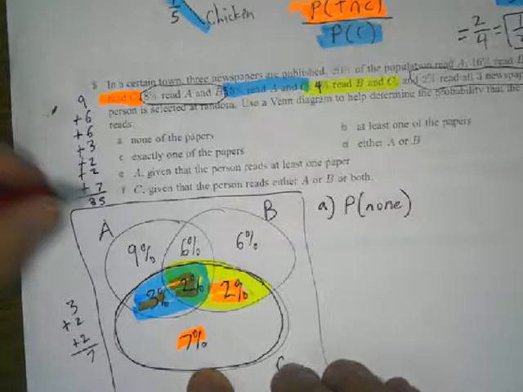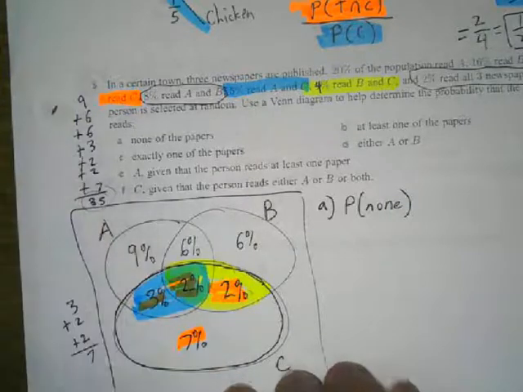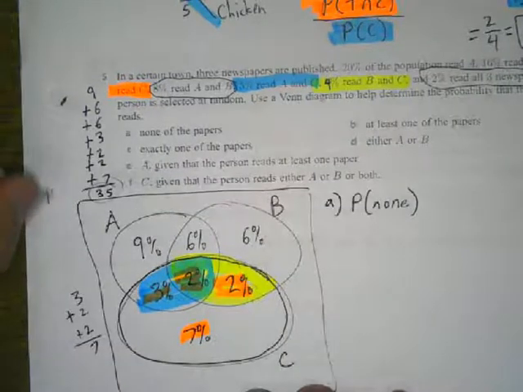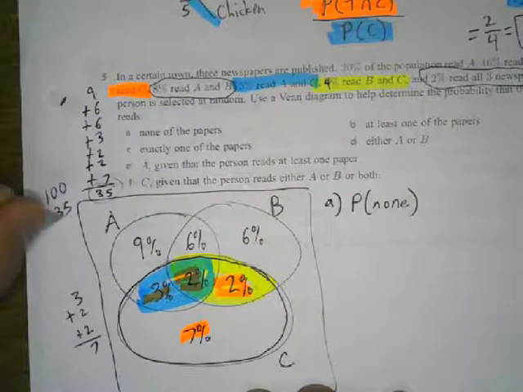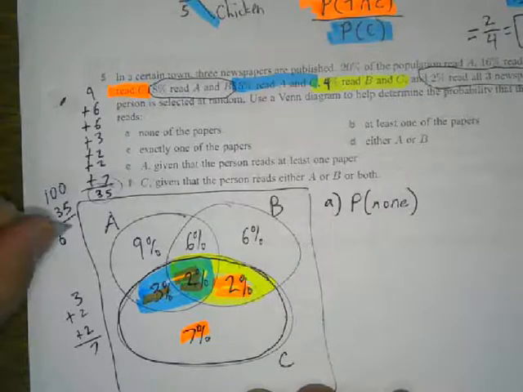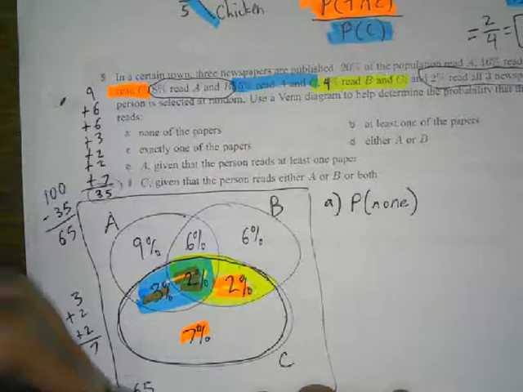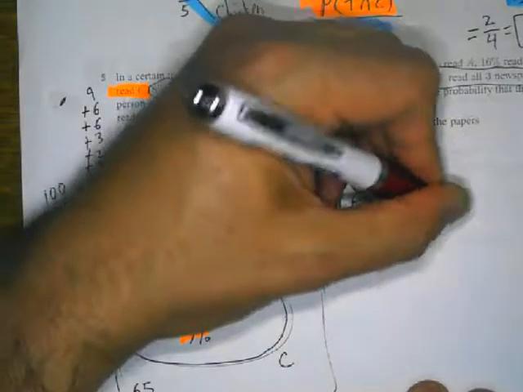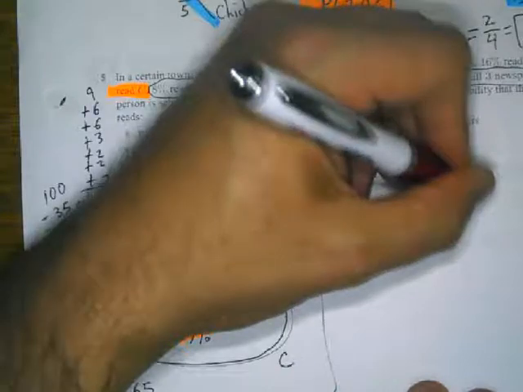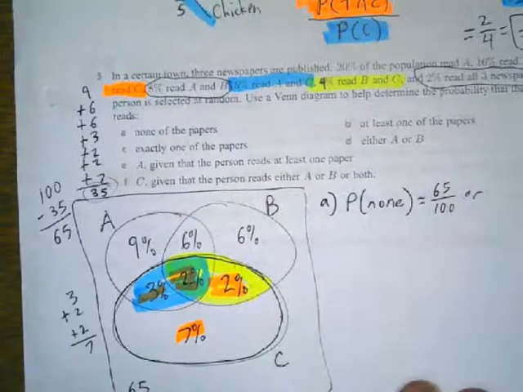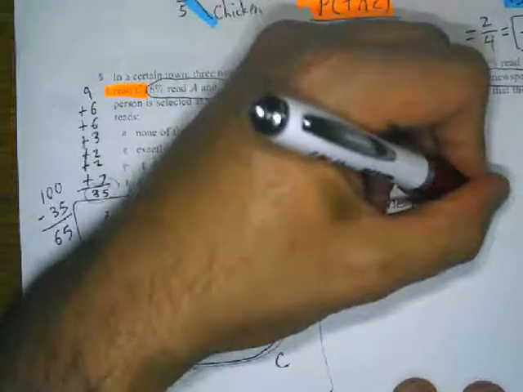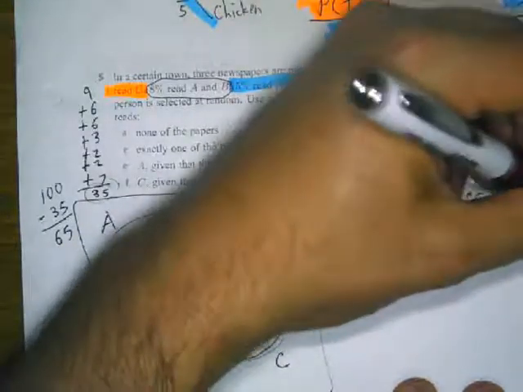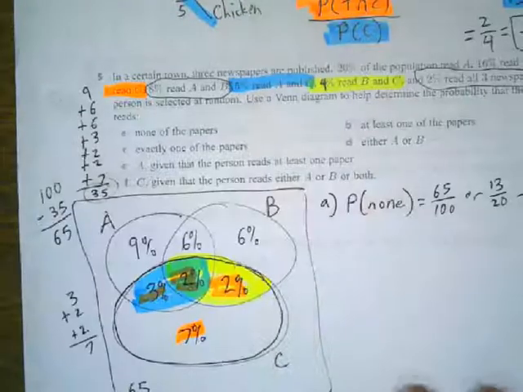So that means 35% read at least one. So how am I going to figure out who doesn't? I could do 100% minus 35, and then we're going to get 65. So there's going to be 65 out of 100, or you could simplify this as a fraction as 13 over 20, or you could just write it as 65%. All of these answers are just fine.